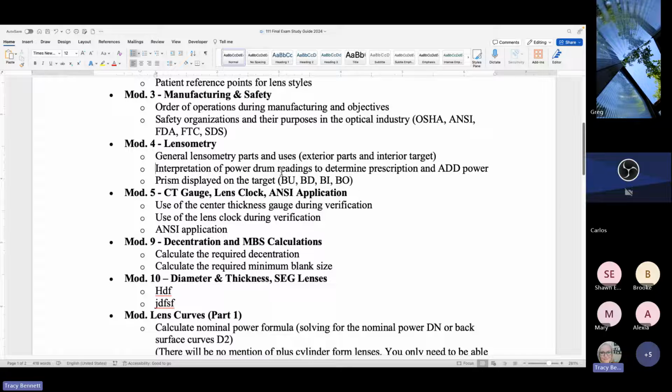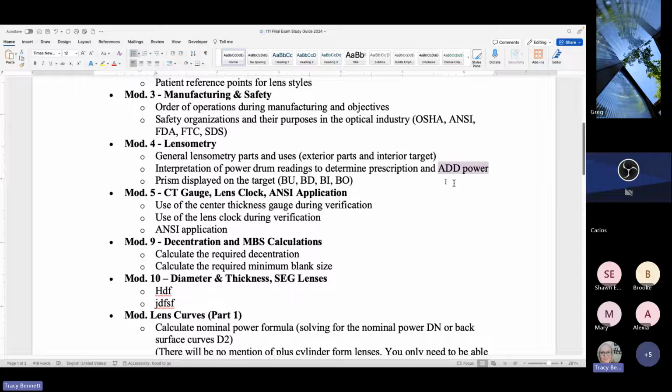You need to be focused on the sphere and take that first reading, and that will determine your sphere power. The axis wheel will tell you your axis. Then you rotate the drum some more until your cylinder lines are in focus. And the prescription is the difference between those two powers. That's the value.